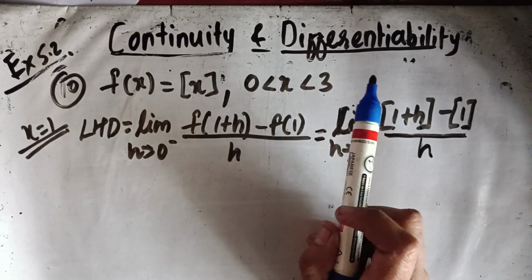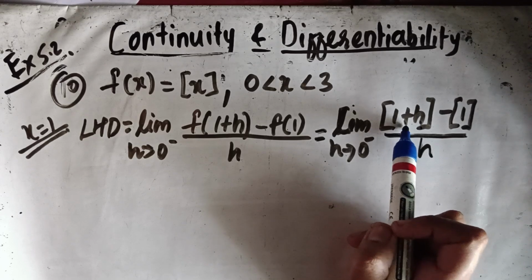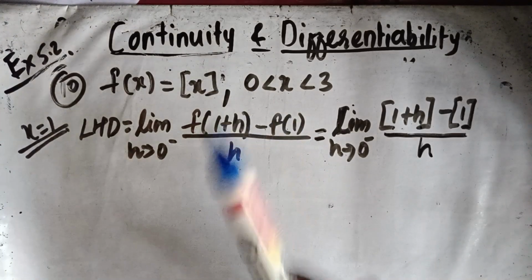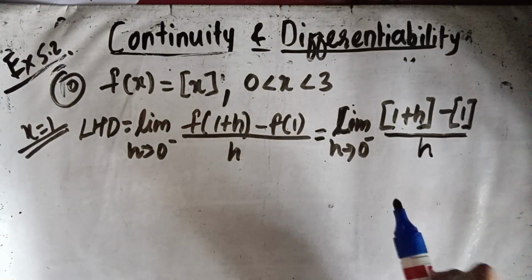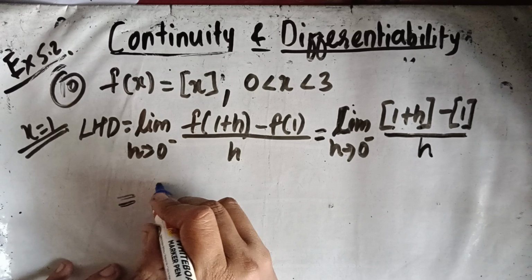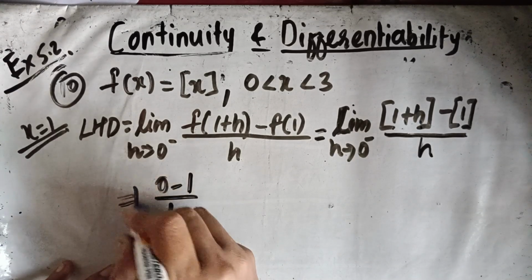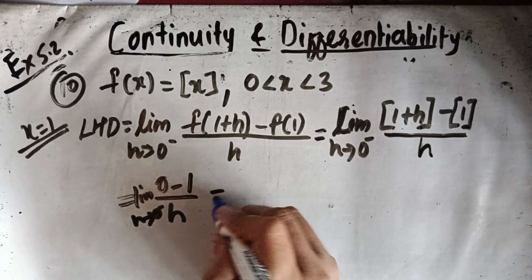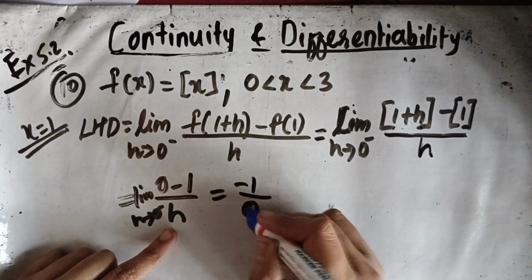So this answer will be 0. If we were approaching from the right hand side, then it would have been 1. So this is 0 minus 1 upon h. So h is 0, so this becomes infinity.